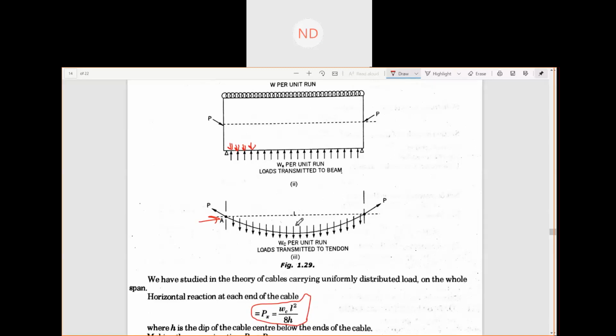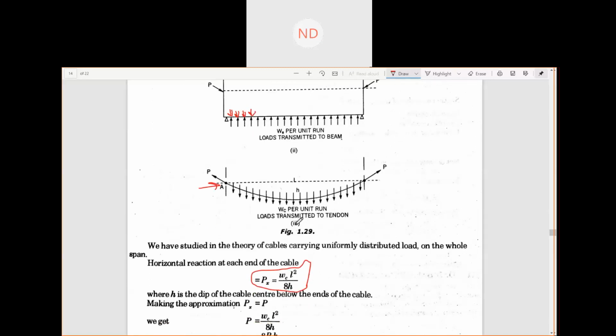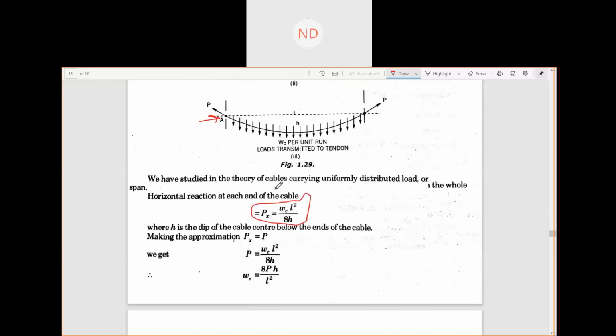So Px, the horizontal force, is given by Wc L square by 8h whenever you have a cable carrying a uniformly distributed load.